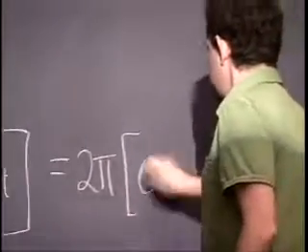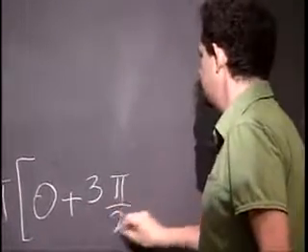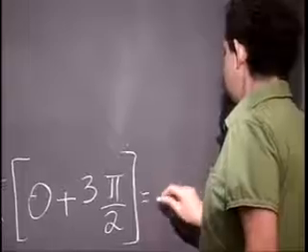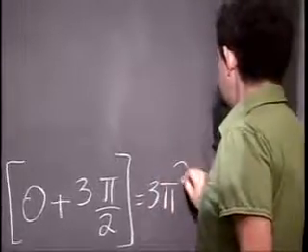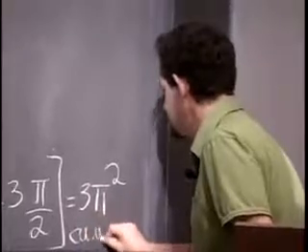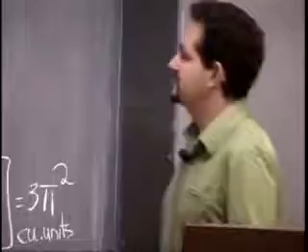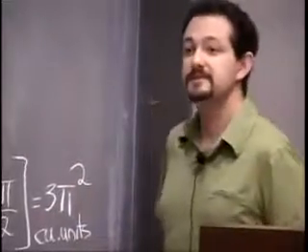First integral is 0. So the answer is 3 pi squared. And I like to say cubic units, since it's a volume. I don't really know what the units are. It's just on a graph.